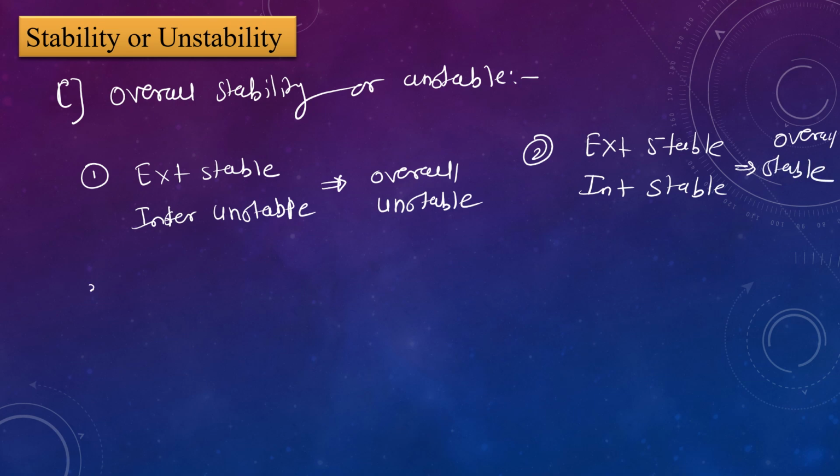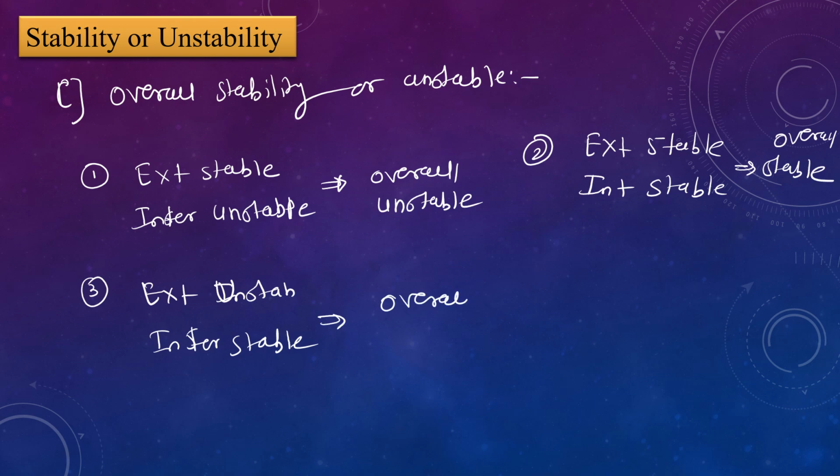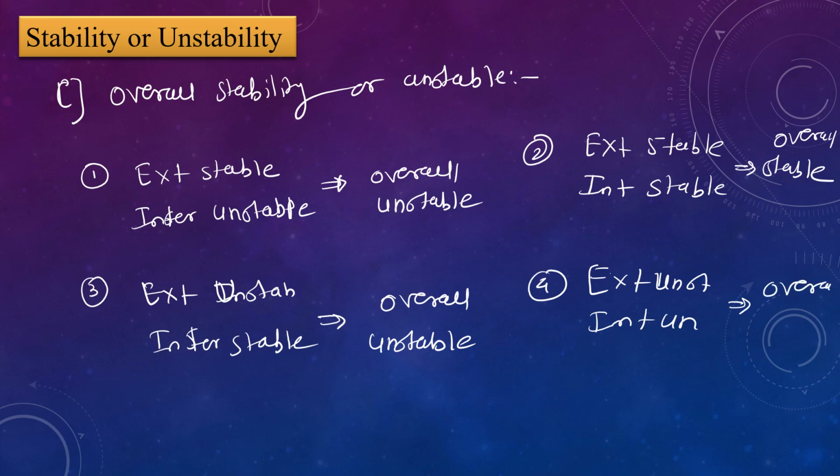Then third, if the structure is externally unstable and internally stable, then the structure is overall unstable. And fourth, if the structure is externally unstable and internally unstable, then this is overall stable?